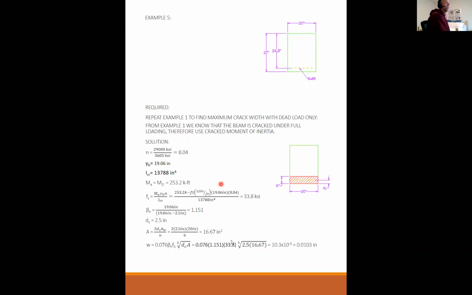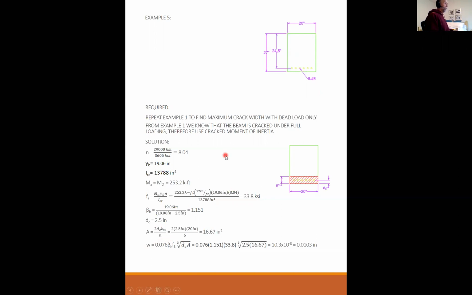If you're having an issue with cracking, that's one thing that you can do that will really improve this, which I already did, by the way. I already have 6 smaller bars. But if you're trying to use, say, 3 number 11s, 3 number 11s would produce much wider cracks than 6 number 8s, even if it was the same area of steel, because of this factor right here where you're dividing by the number of bars.